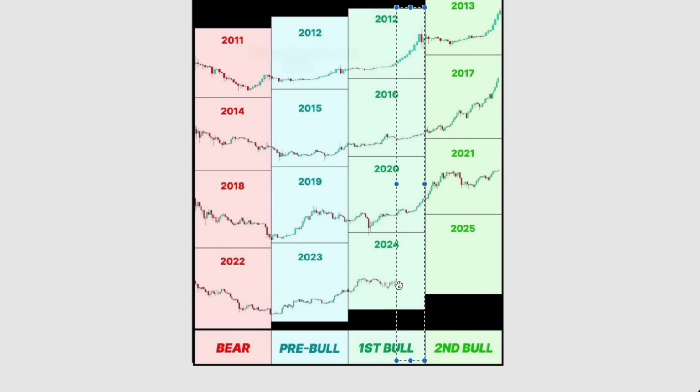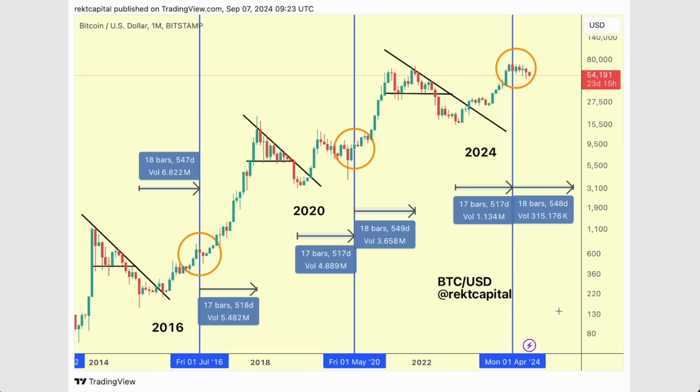So I would prefer, in fact, to consolidate here going into the end of the year before taking off into 2025 and having a strong 2025. So it's really important not to lose sight of where we are in the market cycle, and also not to lose sight of where we're heading.